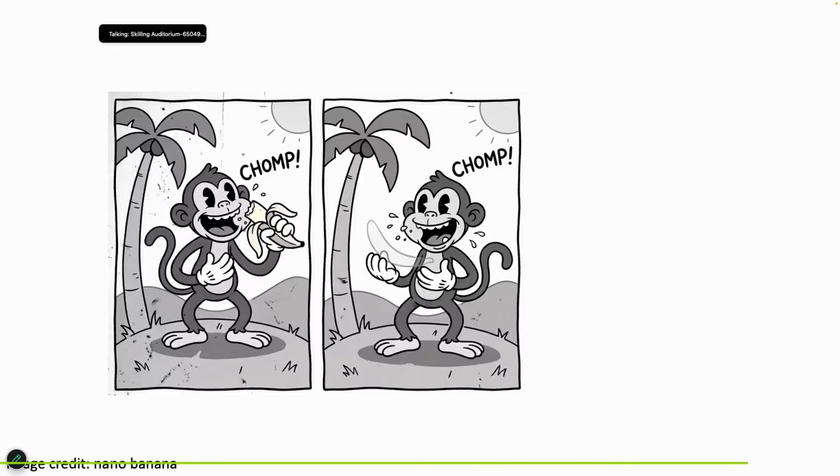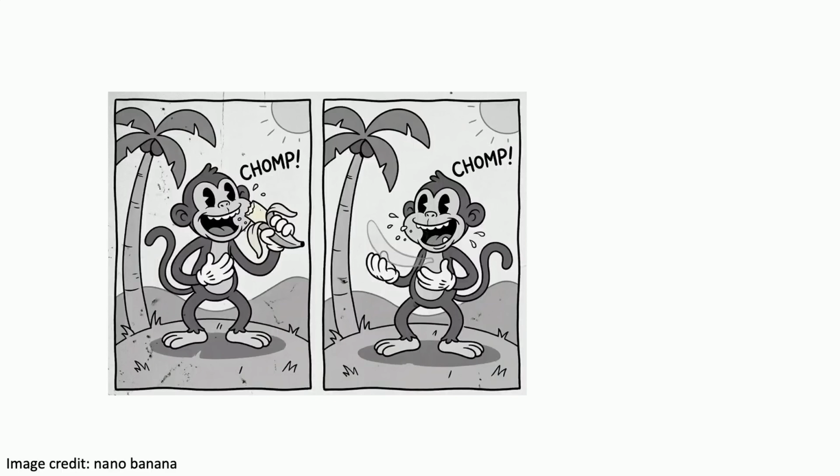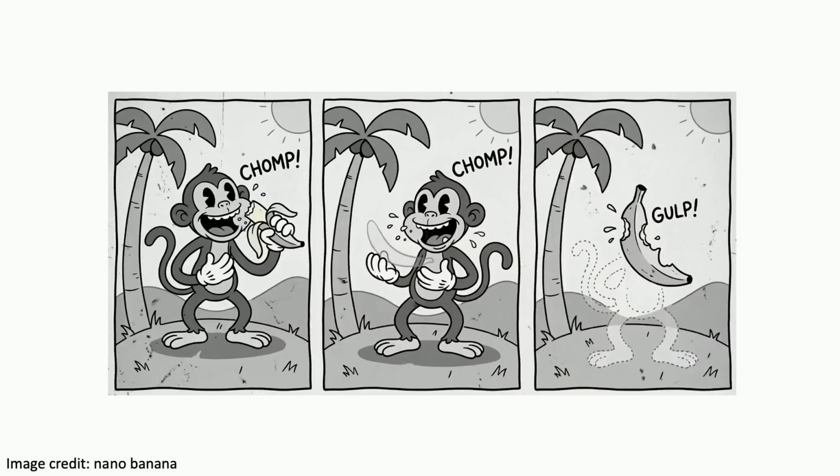Even though you're not seeing the banana, if you see the monkey constantly moving its mouth, you can imagine, oh, the banana might get shorter, you know? And vice versa. If you make the monkey invisible and the banana is disappearing, you can infer that the monkey is eating something, right? This is the very core motivation and explanation of Causal JEPA. This is really relevant to what I'm doing right now.